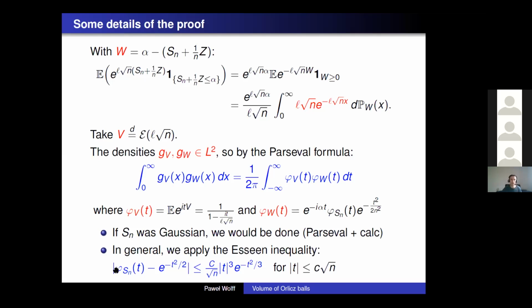Namely, it states that the characteristic function of Sn is close to that of the standard Gaussian within a window of size roughly square root of n, and this is the error bound. This is of the order 1 over square root of n, so it vanishes in n, and it vanishes exponentially, I mean in a Gaussian way. But this is in a finite window of square root of n, right?